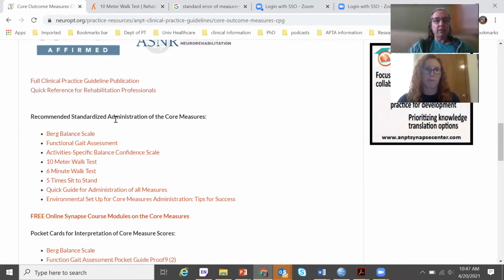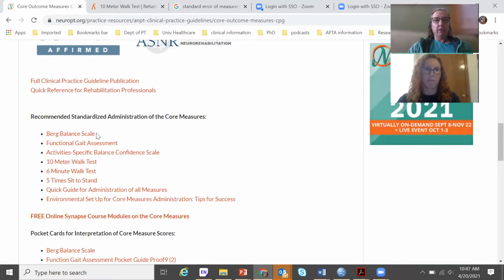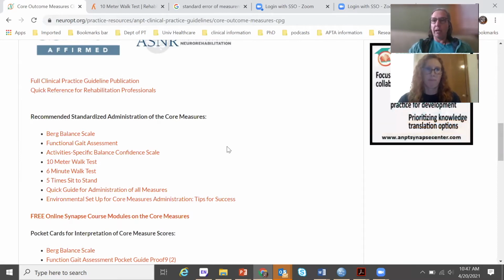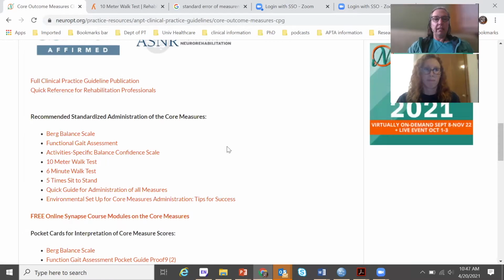But it turns out that there are outcome measures that are recommended be analyzed for individuals with neurologic disability, and also for individuals who have a desire to improve their balance and walking. So we have the Berg balance, the functional gait assessment, the activities balance confidence scale, 10-meter walk test, 6-minute walk test, 5 times sit to stand.